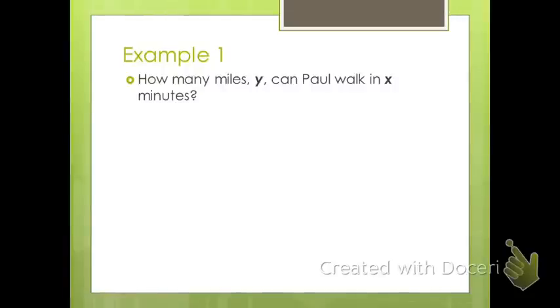Okay, so now I'm going to ask myself a different question, and I'm going to say, how many miles, y, can Paul walk in x minutes? My first question was, how many miles can Paul walk in 137.5 minutes? Now I want to be more general. So notice I've got 2 variables. I've got y, which is miles, and x, which is my minutes.